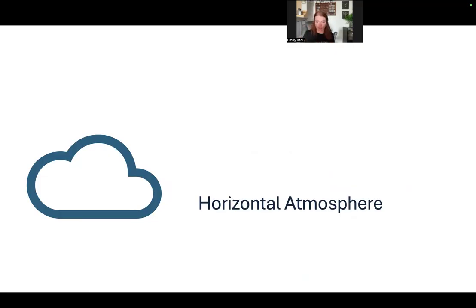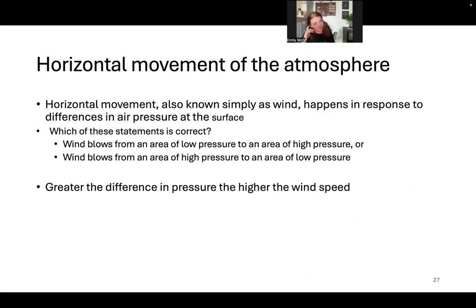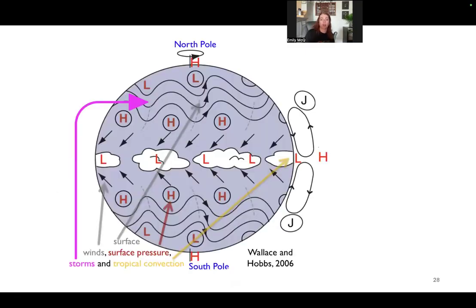So this is the horizontal atmosphere spiel. We feel horizontal movement as wind. And this happens in response to differences in air pressure at the surface. So wind can either blow from an area of low pressure to an area of high pressure, or wind will blow from an area of high pressure to an area of low pressure.